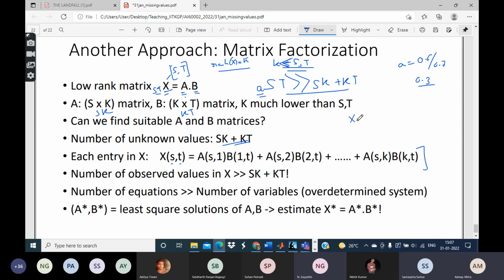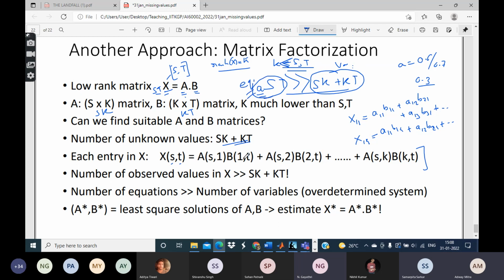For example, if x11 is visible, I can write it in terms of a11 b11 plus a12 b21 plus a13 b31, etc. Similarly, if 1 comma 4 is available, then I can write x14 as a11 b14 plus a12 b24 plus etc. So for every value in capital X which you have observed, you can write an equation like this, and clearly these are the number of variables and these are the number of equations.